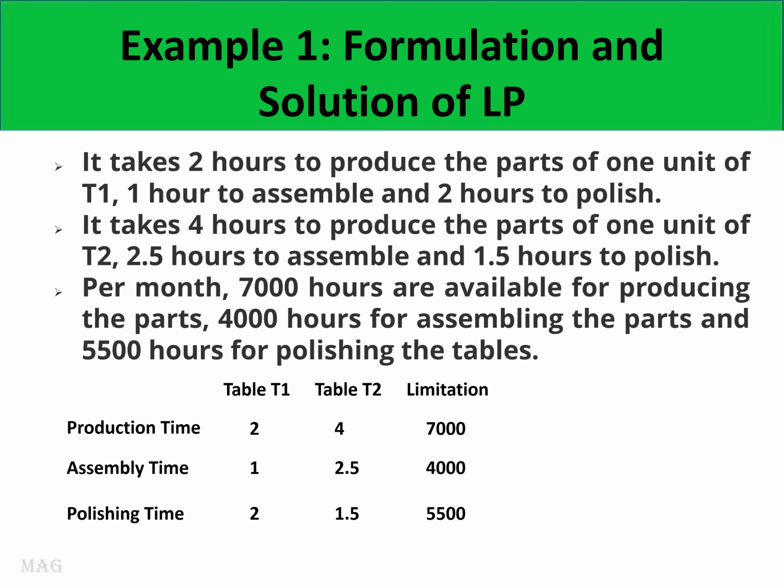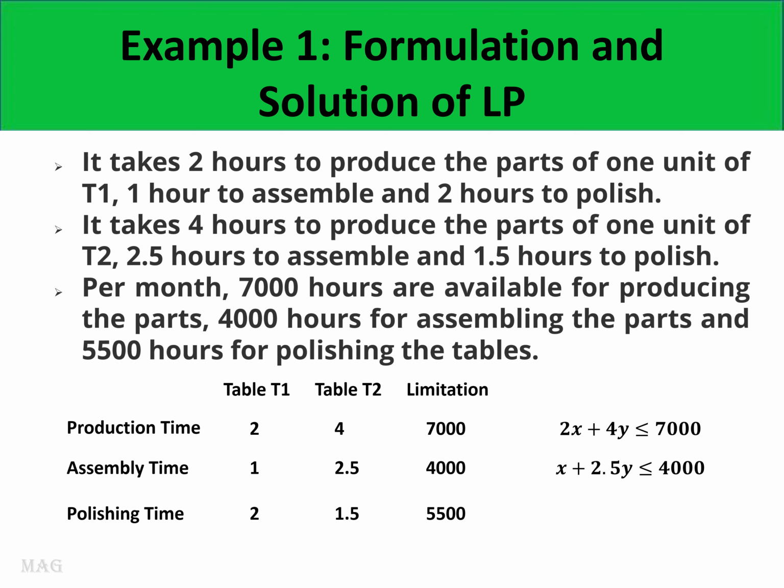Now, in this case, the total production time whenever the company produces X units of T1 and Y units of T2 would be 2 times X plus 4 times Y. And this should be less than or equal to 7,000 hours because it is the limitation for production.